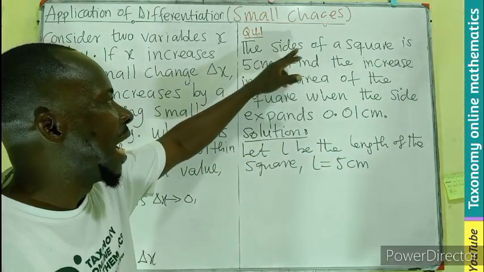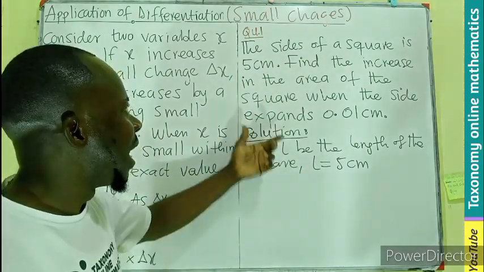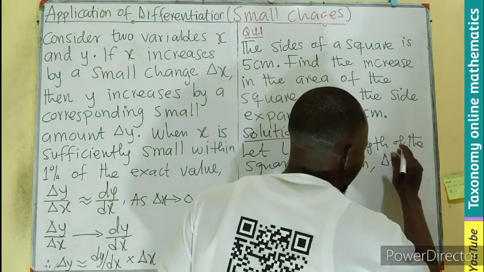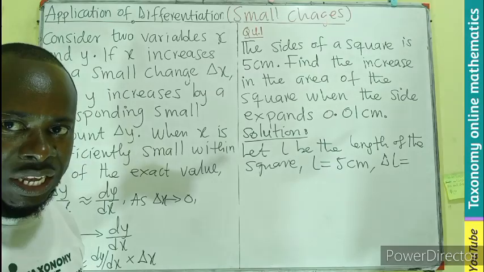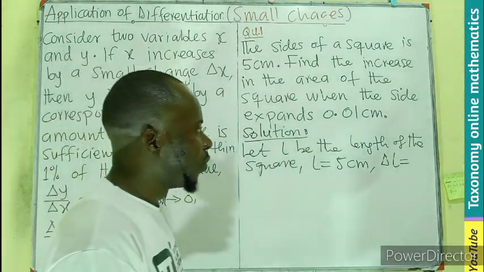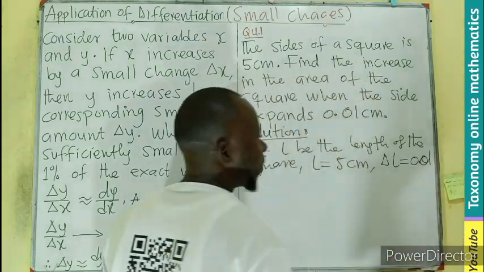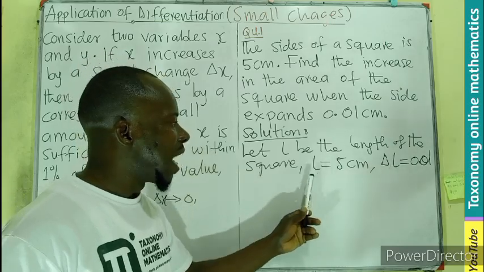They said the side of the square is given as L. So if it is L, that will be 5. Then delta L, which is the small change in the L, will be given as 0.01. So that is what we have.